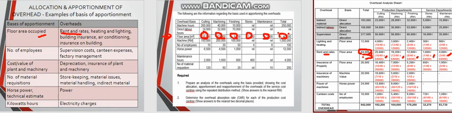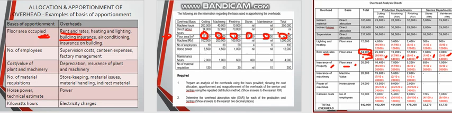Alright, what about the insurance of property? The insurance of property means that the insurance of the building is going to depend on the size of the building. So where does this one come from? We have a look here at the basis of apportionment, which is insurance of building. We are going to refer to the floor area occupied.